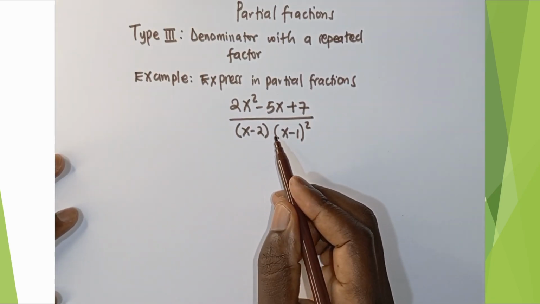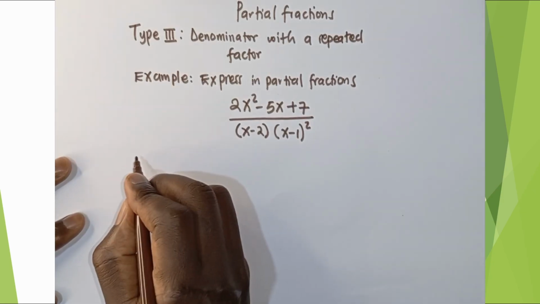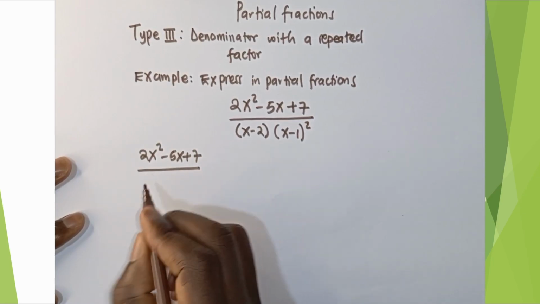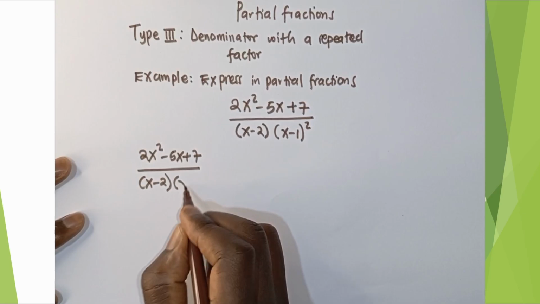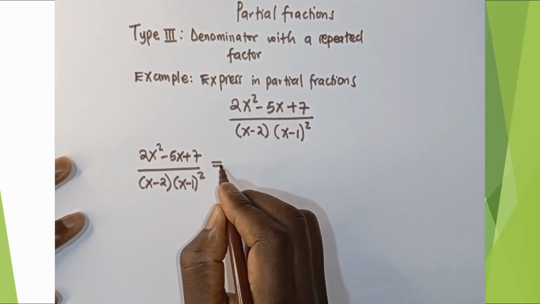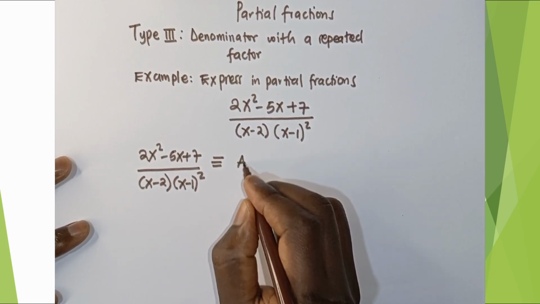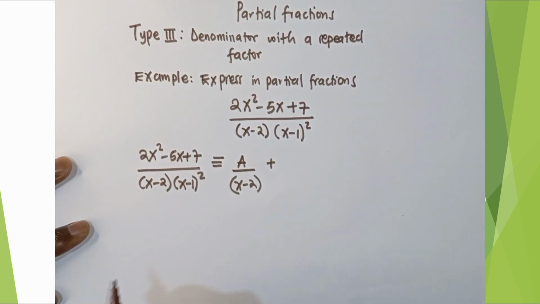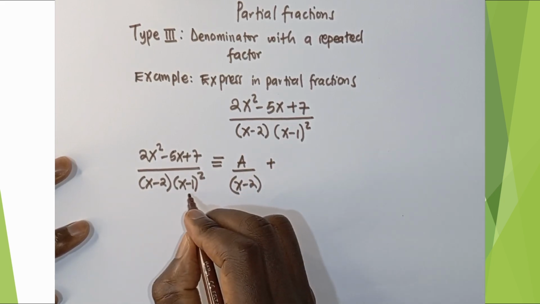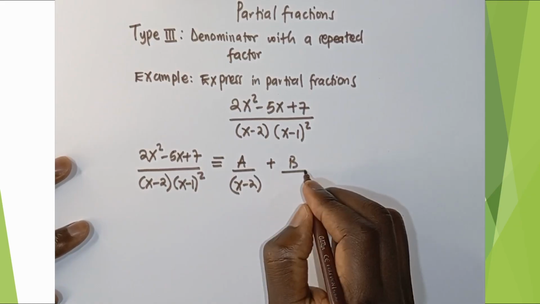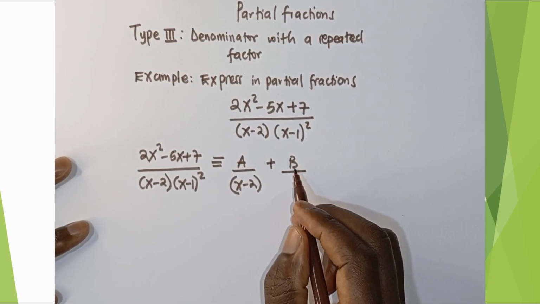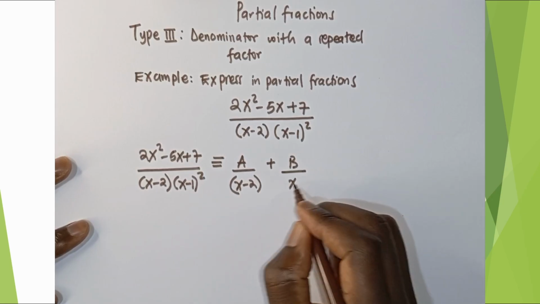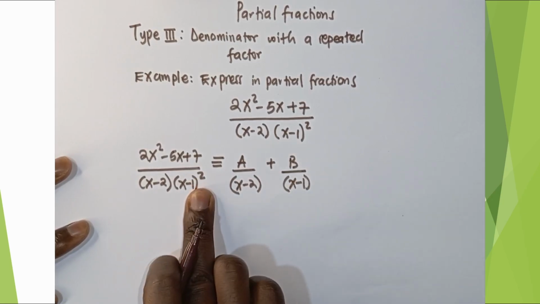Now, for such a question, if you are to solve it, we say 2x squared minus 5x plus 7 out of x minus 2 into x minus 1 squared is identically equal to a out of x minus 2 plus, now this repeated factor, this is how we solve it, plus b out of, we normally use b because what is repeated is linear, so out of 1, which is x minus 1, that is the first one of the repeated.